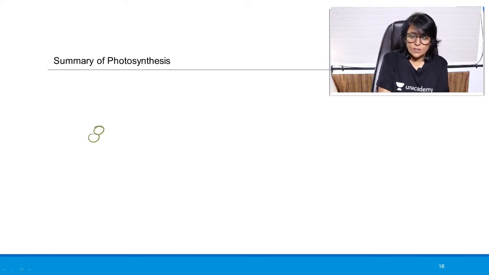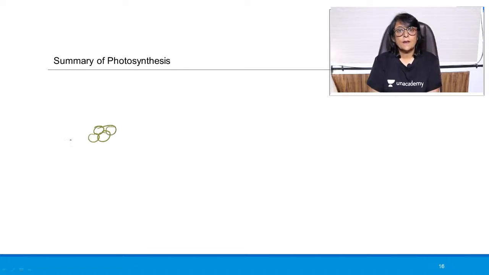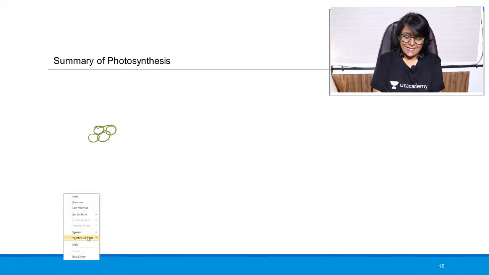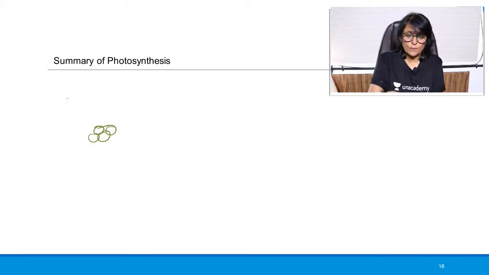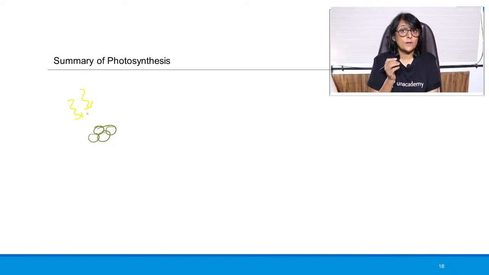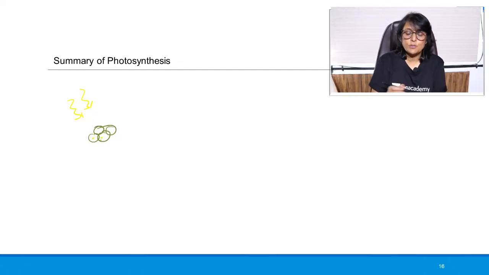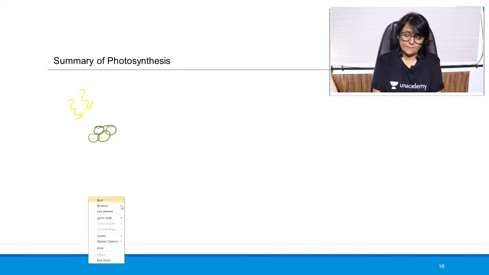So suppose this is our chlorophyll. Now what happens is, when sunlight falls on this chlorophyll, because we are first trying to capture the solar energy, this solar energy is captured by the pigment.